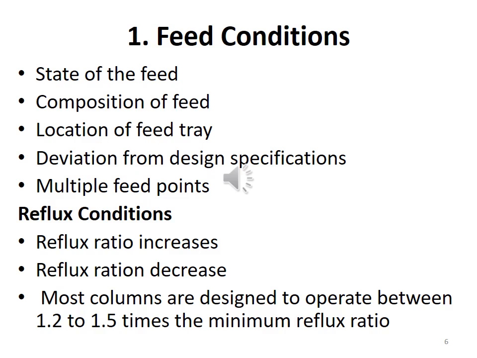If we deviate from the design specification of the separation column, then the column will not be able to meet the required separation task. To overcome the problem associated with the feed, some columns are designed with multiple feed points when the feed is expected to contain a variable amount of components.